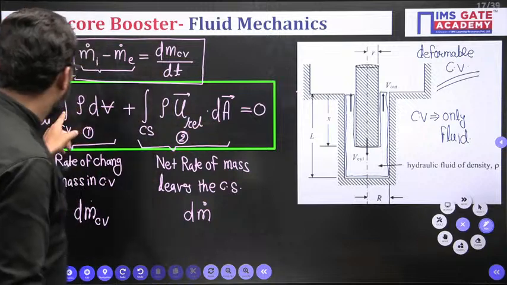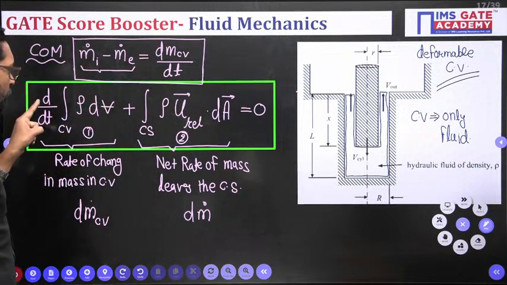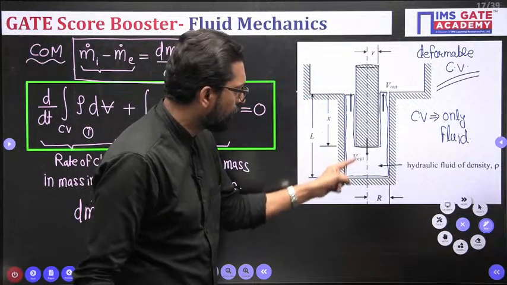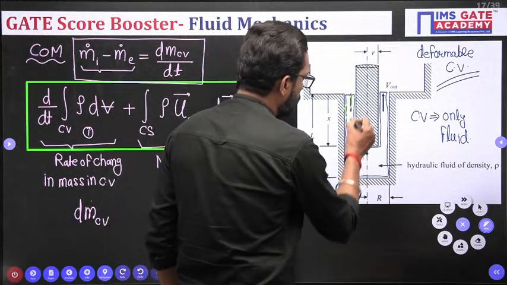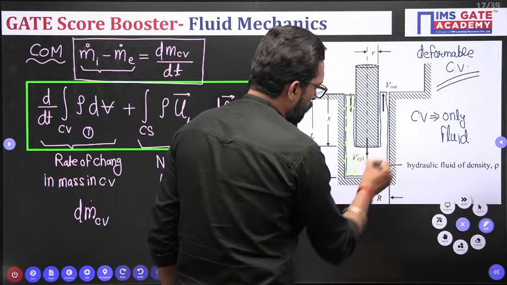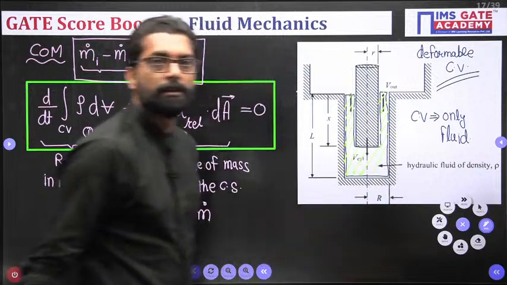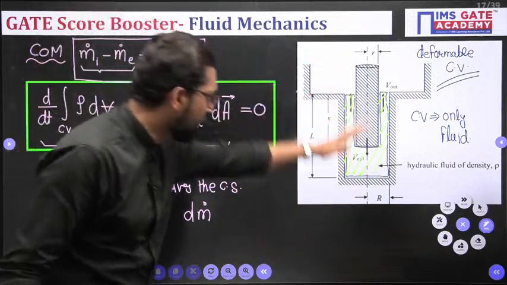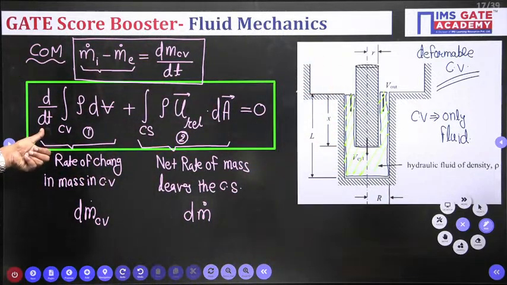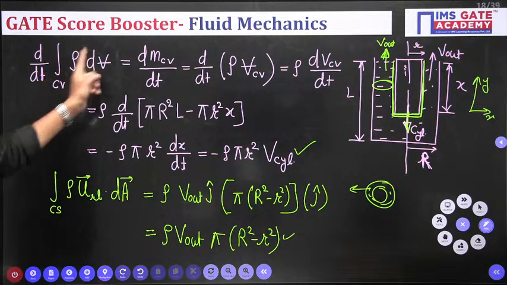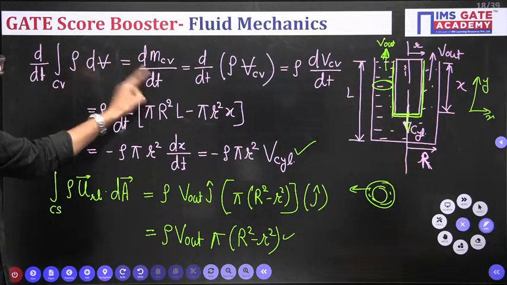Now here you cannot take this as 0. Why? Because you have to select the control volume. This is your control volume, and this control volume is continuously changing with respect to time. So you cannot take 0. So this is d m CV by dt, and what is that?